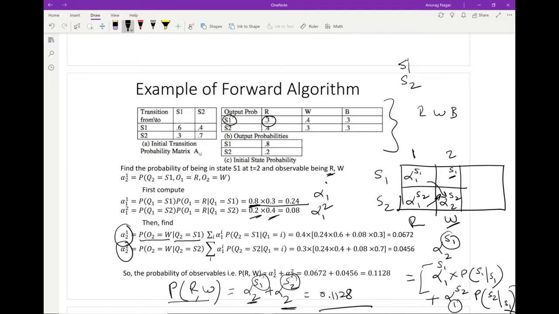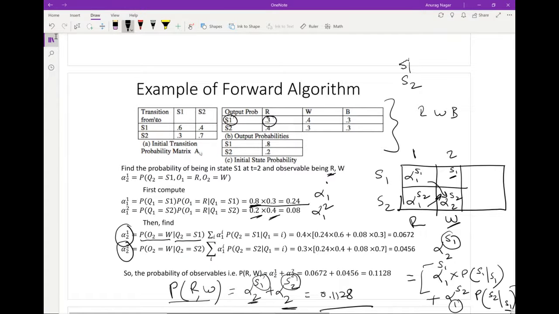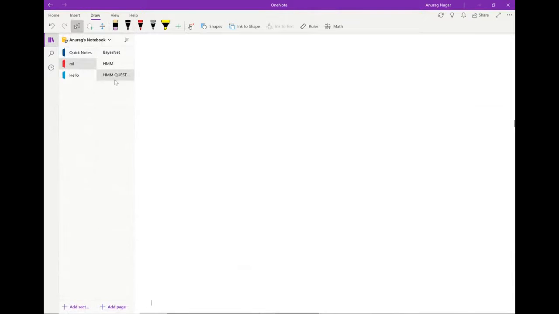Okay, so this is pretty straightforward. All you have to do is pay a little bit of attention, but it's not very difficult.